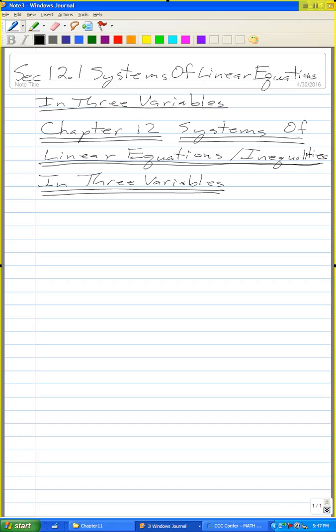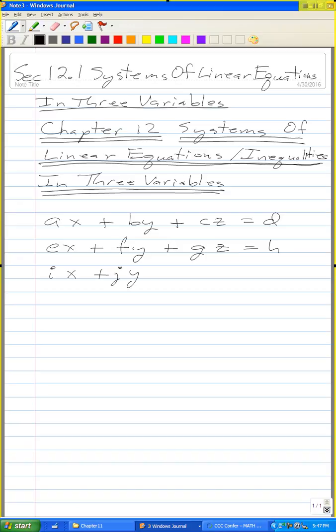So let's recall. A system of equations, rather than having two variables, I have three variables: ax plus by plus cz equals d, ex plus fy plus gz equals h, ix plus jy plus kz equals l.